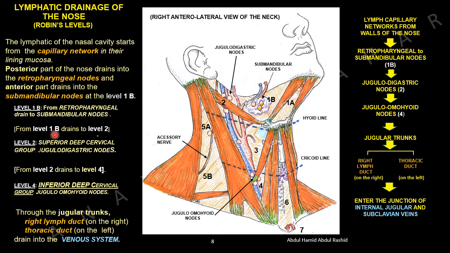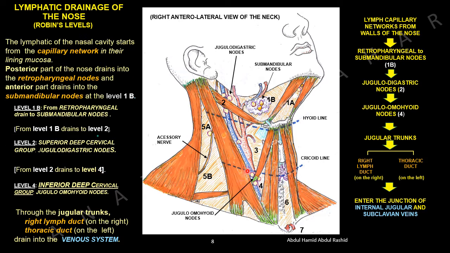From level 1B it drains to level 2, which is also called the upper deep cervical nodes or jugulo-digastric nodes. From level 2, it will drain to level 4.